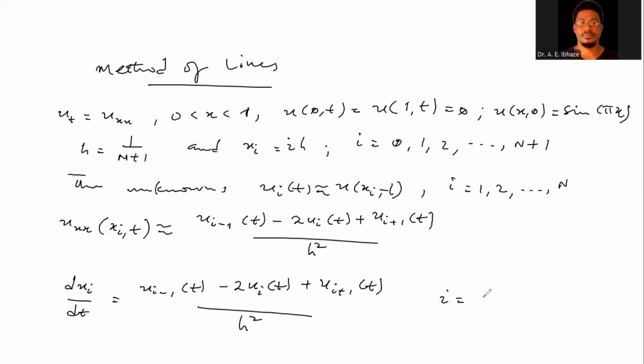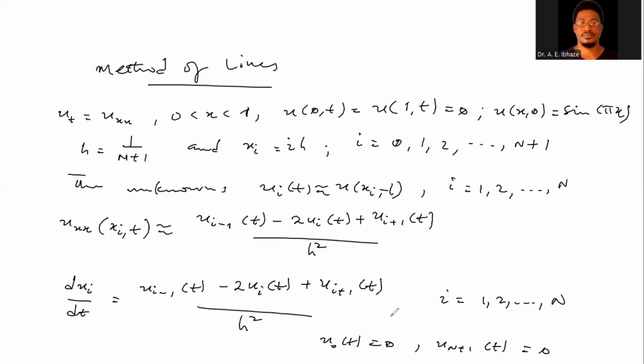And this is for the interior points 1, 2, all the way to n. Here we have the boundary conditions, u naught of t being the same as 0, and then u sub n plus 1 of t being the same as 0. Okay? So the system is fully specified.